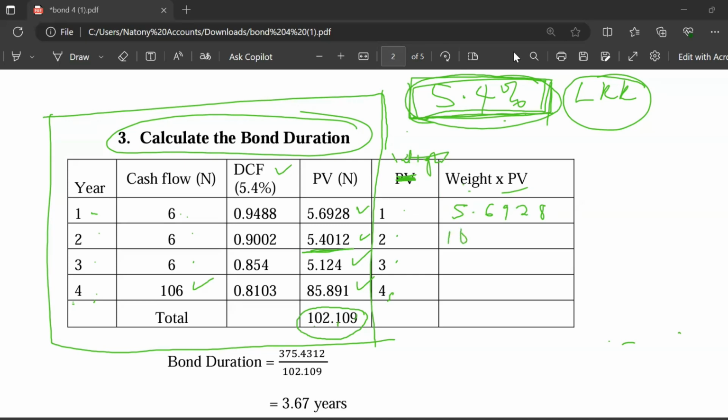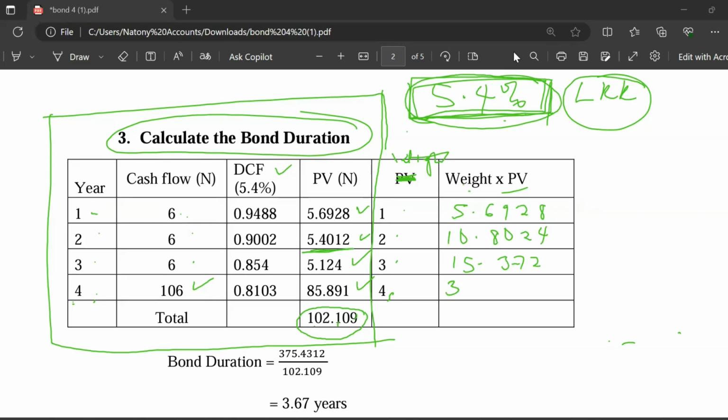So that will give 10.8024. The next will be 5.124 times 3, which will give 15.372. The final is 85 times 4.